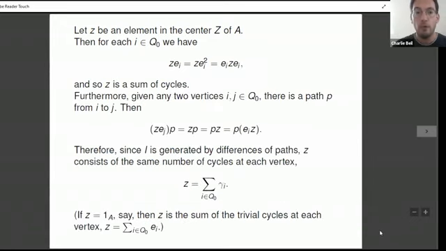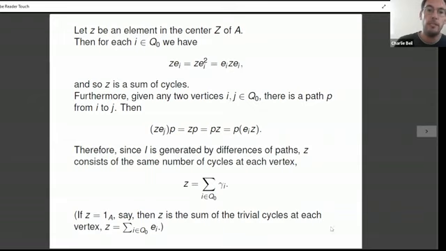And furthermore, for any two vertices i and j, there's a path P from i to j. So then what we have is that Z e_j P, which is the same as Z P, because e_j P equals P. We move the P past the Z, and then we put the e_i in there.